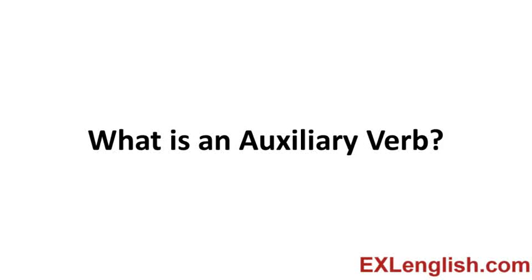In the English language, every single clause has to have a main verb which can be accompanied by one or more auxiliary verbs. An auxiliary verb is a verb which assists the main verb. In other words, it helps the main verb and hence gives us more information about the main verb.